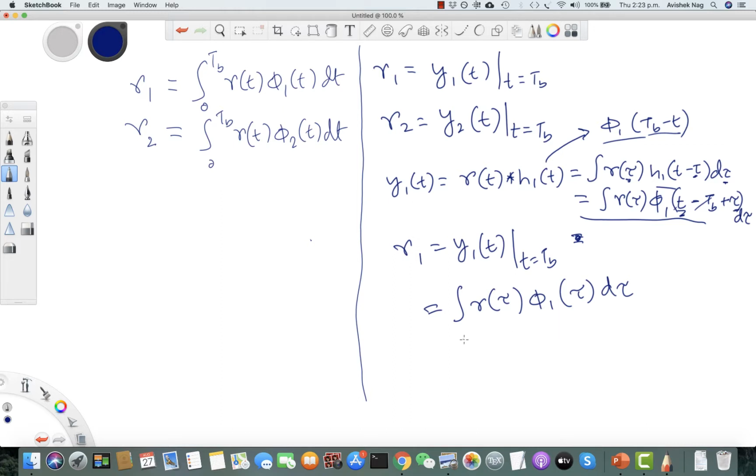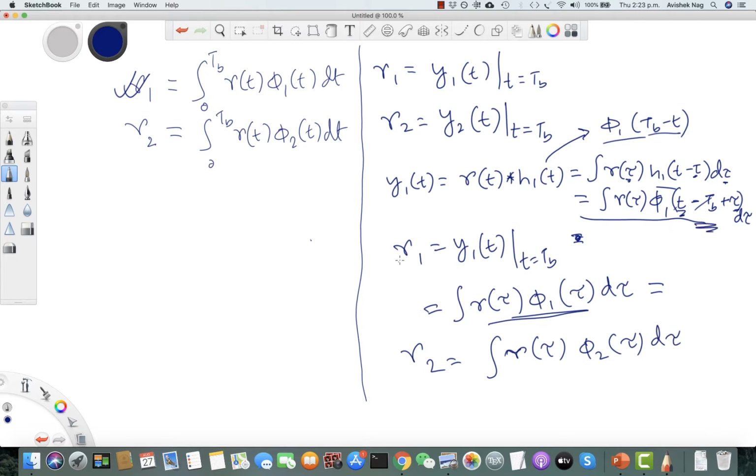So I will have this, and this is indeed R1, right? We started from here. This is the integration of r(tau) with phi 1(tau). Similarly, you can show that R2 is also the integral of r(tau) phi 2(tau) d tau using the same logic.